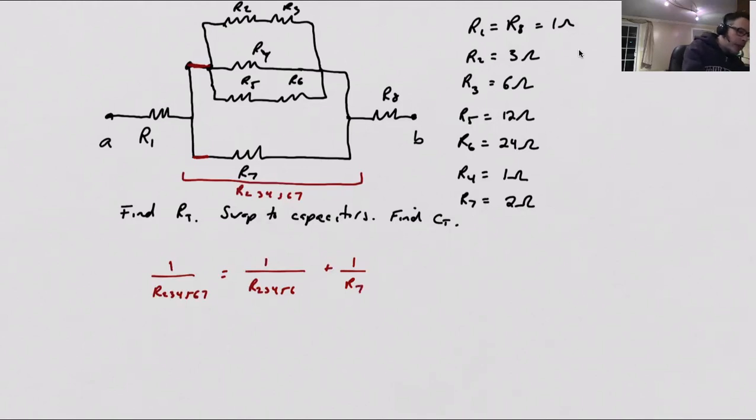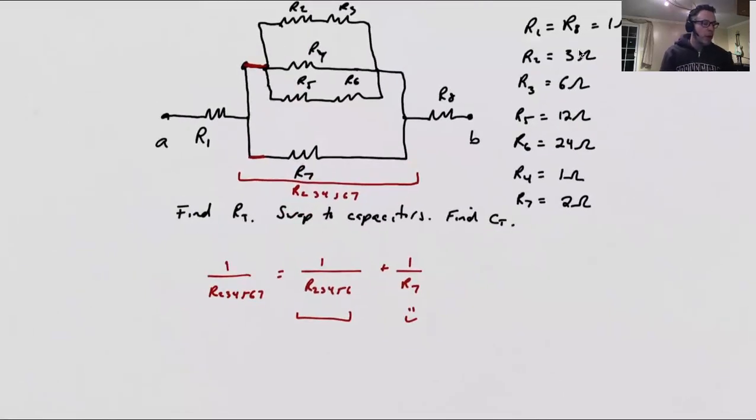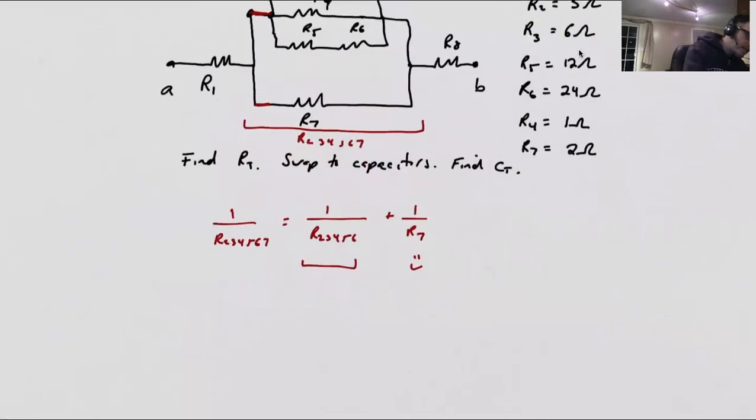Now, we are clearly not ready. We know this one, but this one we're not ready to do, so we need to resolve it. So what is 1 over R2, 3, 4, 5, 6, 7? Let's go through this slowly. I'm sorry, 1 over R2, 3, 4, 5, 6.